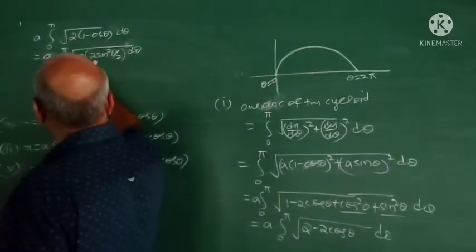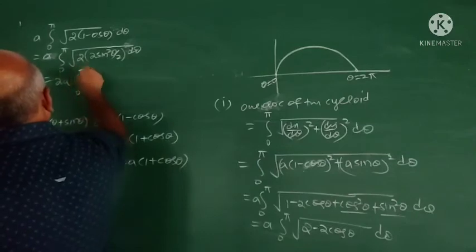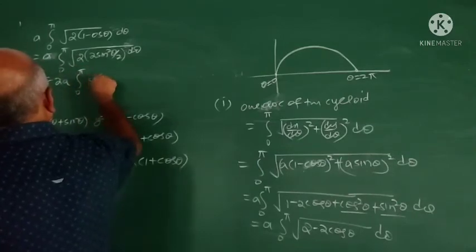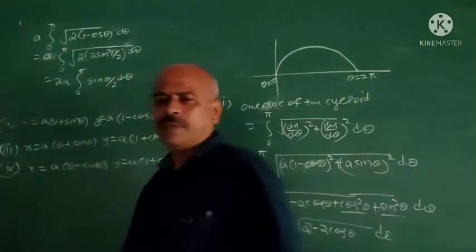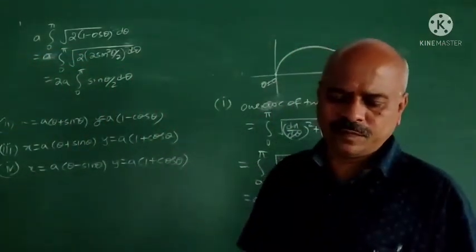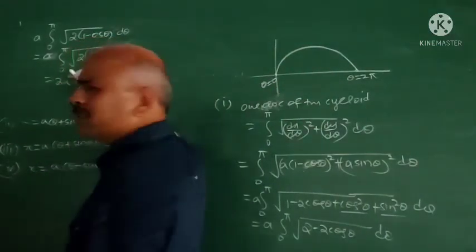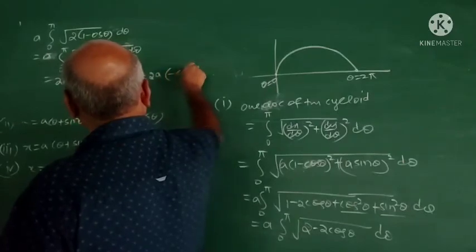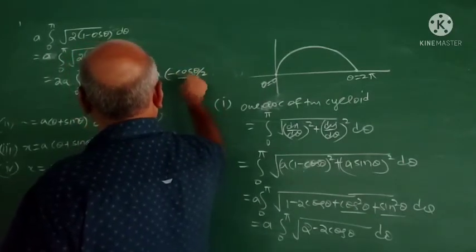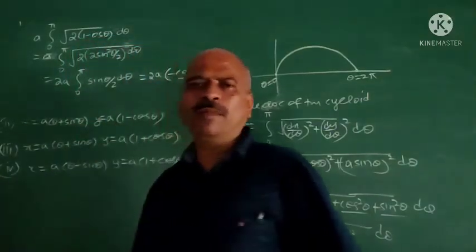2 into (1 minus cos theta) is 2 sin square theta by 2. Therefore 2a, integral from 0 to pi, sin theta by 2, with respect to theta, correct? Now what is the integration? Reduction formula is not required here, you can easily integrate: 2a into minus cos theta by 2 upon 1 by 2, 0 to pi, because it is the sin ax form.